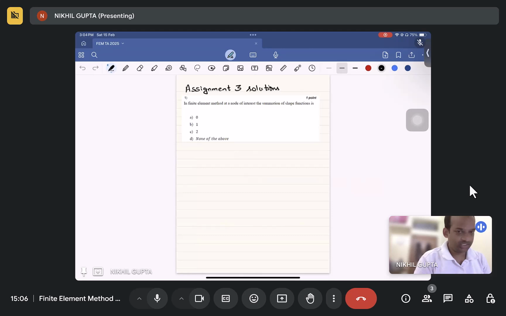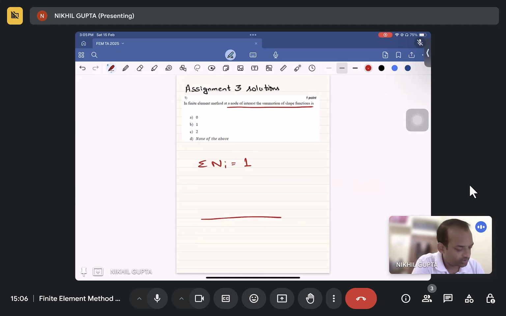So this is question number 1 of assignment number 3. It says, in finite element method, at a node of interest, the summation of shape functions. So you all know that summation of Ni is equal to 1, which is the property of the shape function.